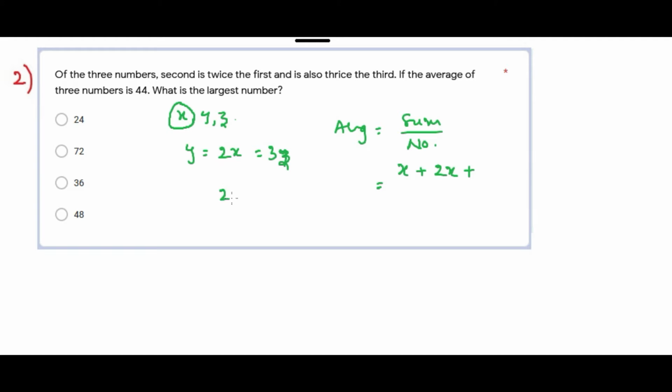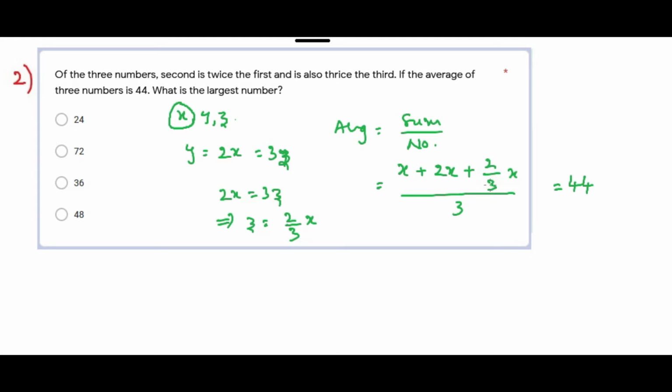Since 2x is equal to 3z, z is equal to 2 by 3 into x. Divided by the number of observations, only 3 numbers, so 3, which is equal to 44.